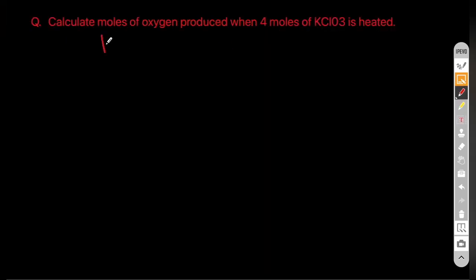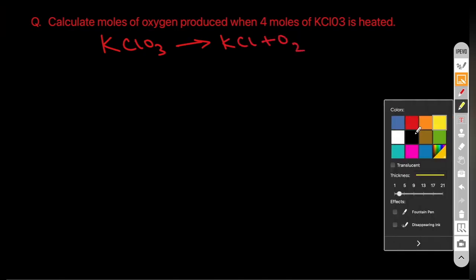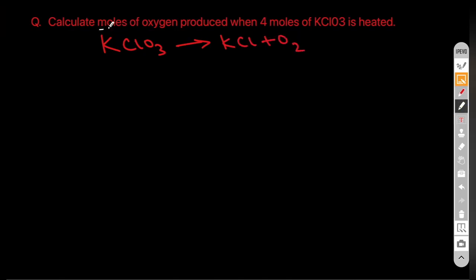Now we will solve a problem. Here KClO3 is heated and it decomposes into KCl and O2. The problem is: calculate moles of oxygen when 4 moles of KClO3 is heated. So we'll write the solution.